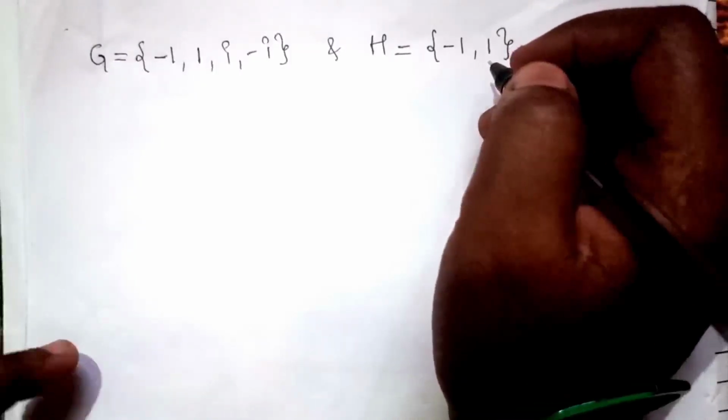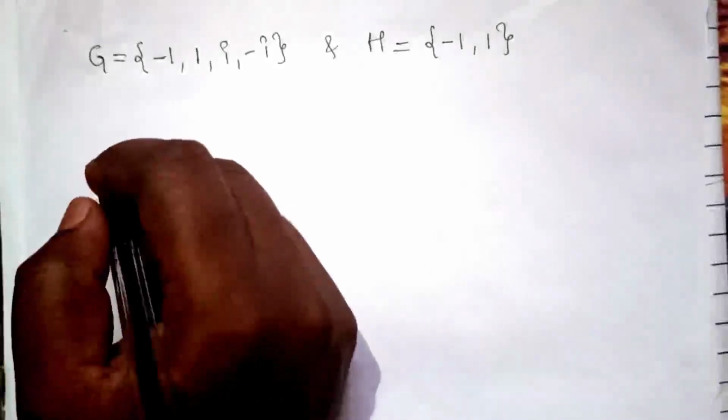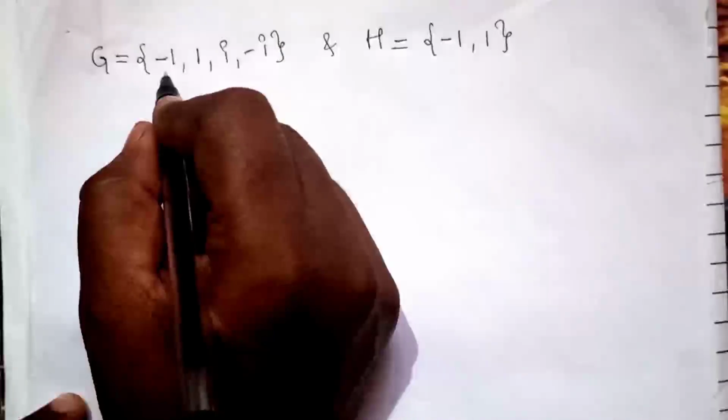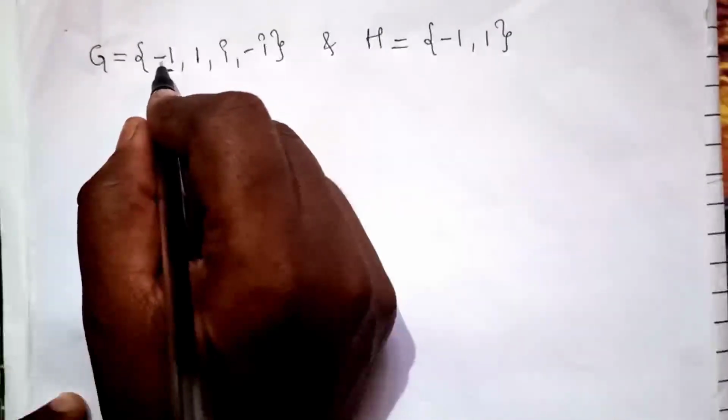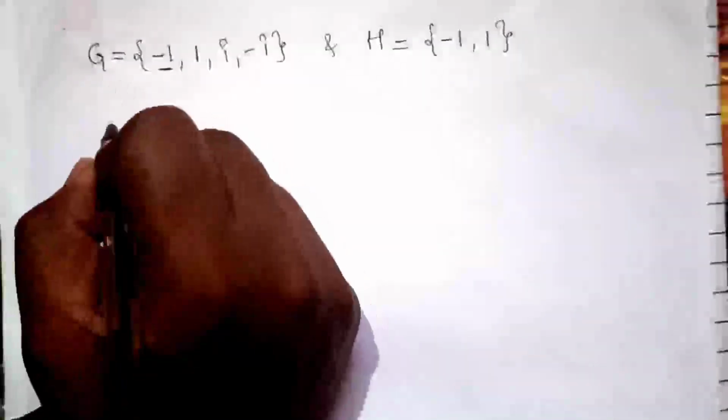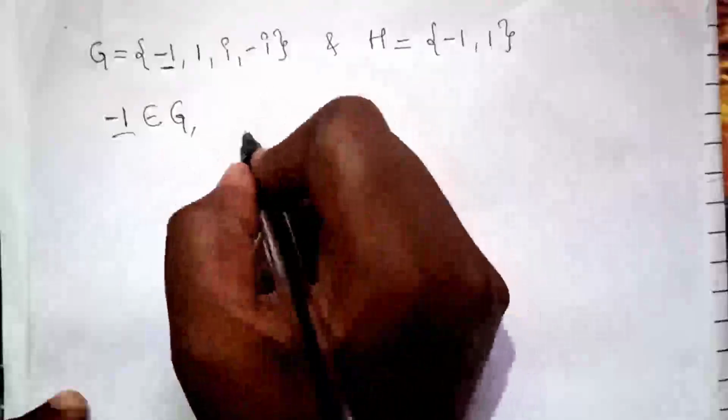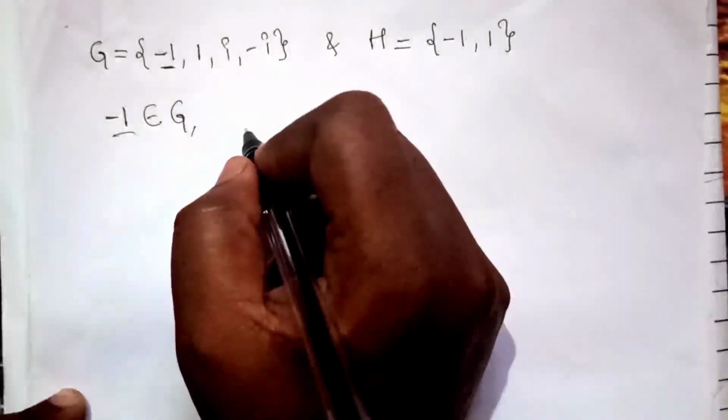Now the coset can be formed as follows. In this case we can choose any one element from this group G. First I will choose -1 belongs to G. Then by using this element we can form a coset.